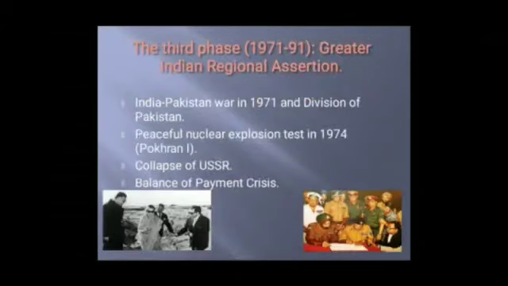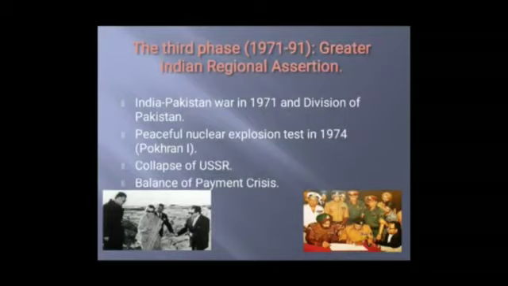Moving on to the third phase, which was 1971 to 1991, the Greater Indian Regional Assertion. India showed a remarkable use of hard power when it liberated Bangladesh in the India-Pakistan war in 1971. However, it was a particularly complex phase because of the US-China-Pakistan axis.